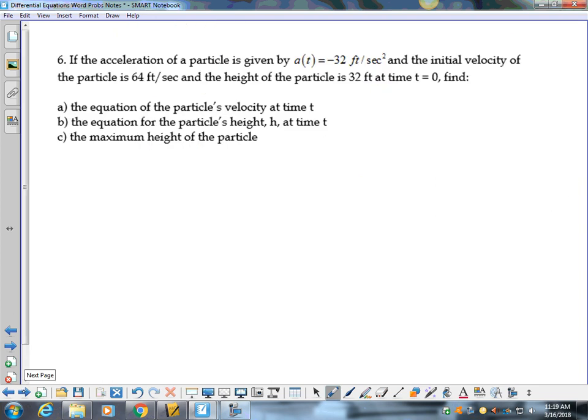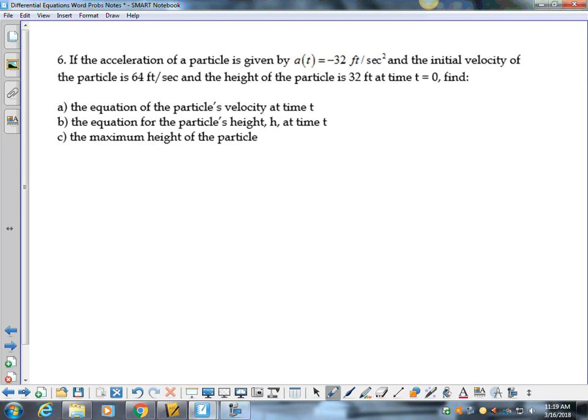Okay, last thing. Totally different. Well, not totally different. Sort of different. The acceleration of a particle. Ooh, physics just perked right up, right? The acceleration of a particle is given by that thing. Initial velocity of the particle is 64 feet per second, and the height of the particle is 32 feet at time 0.